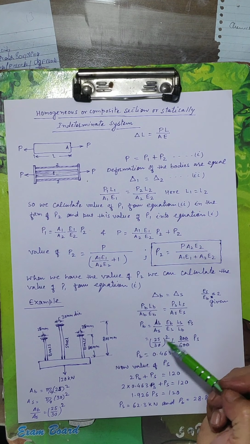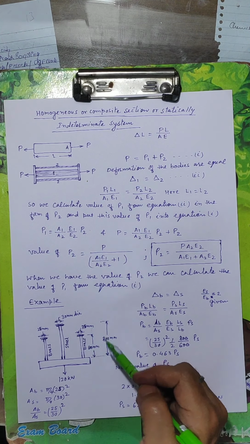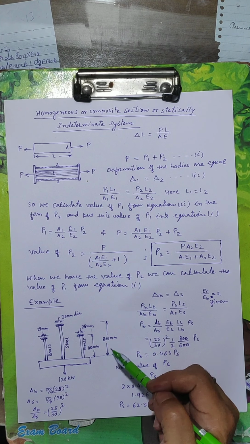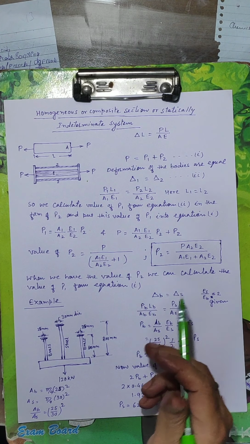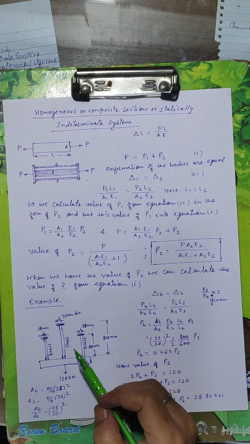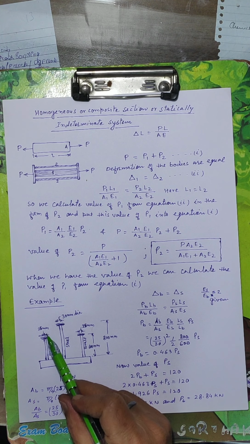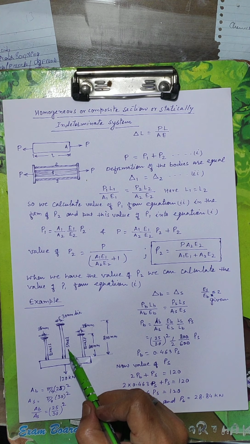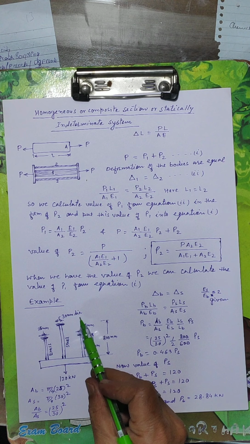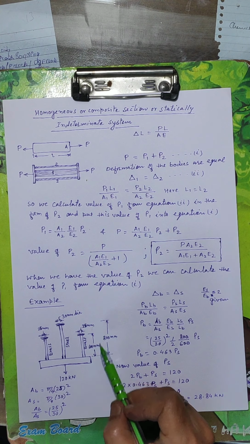Now we take an example also. This question was asked in the examination in the last 2 or 3 years. A brass bar having a diameter of 25 mm, a steel bar having a diameter of 30 mm, and a brass bar of 25 mm diameter.